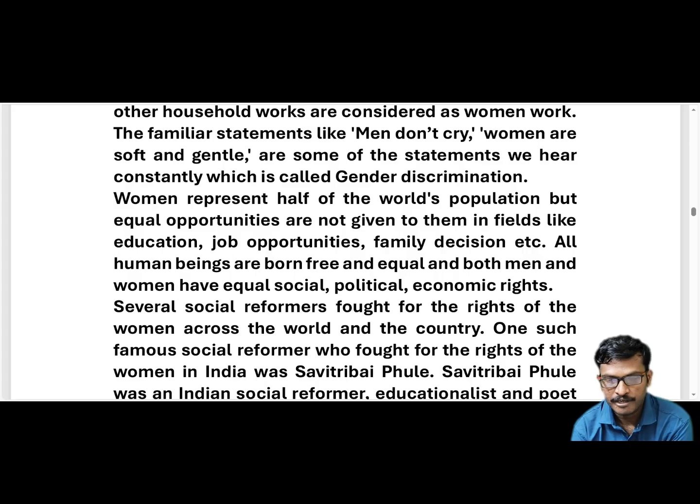We have discussed previously that social reformers like Jyotirao Phule and Baba Saheb Ambedkar fought for women's rights. One such social reformer who fought for the rights of women in India was Savitribai Phule. She tried to reform the society, and she fought for women's rights.